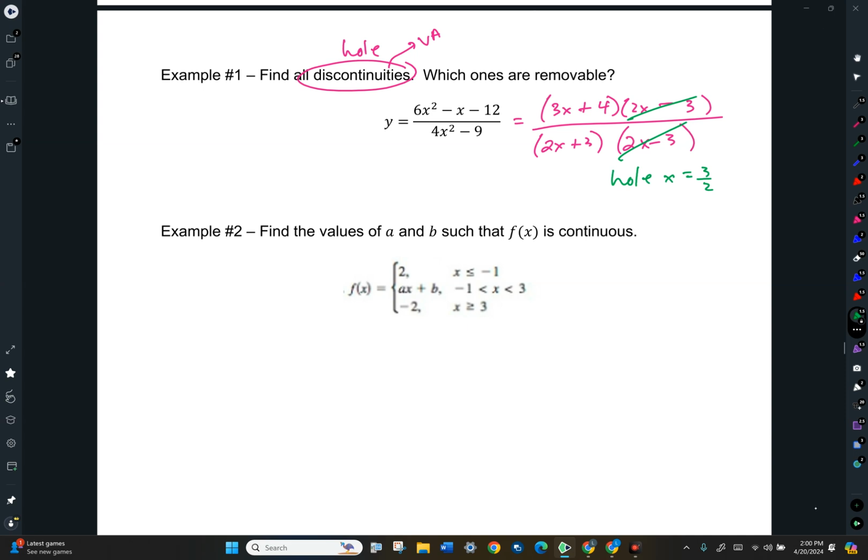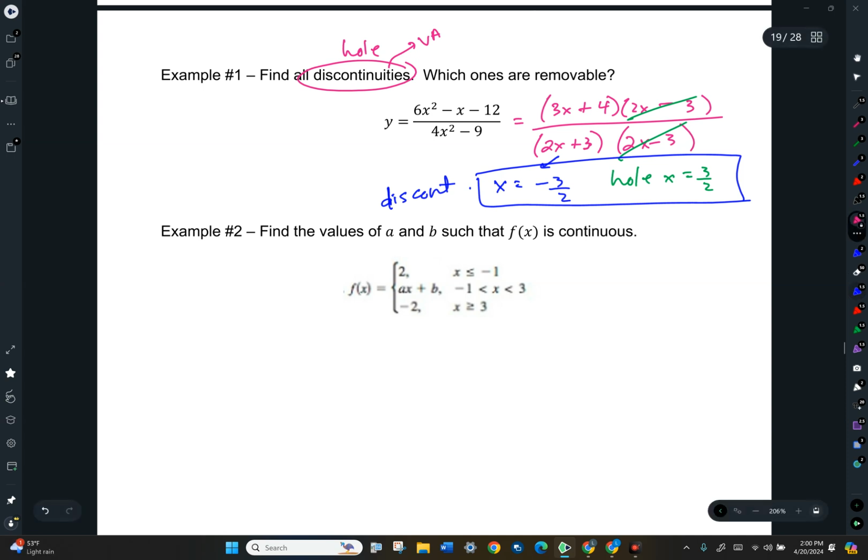Because that's what made that factor equal 0. And we know there's going to be a vertical asymptote when this other factor equals 0, so when x equals negative 3 halves. So the question was, find all discontinuities. All right, both of those are discontinuities, places where you have holes or breaks in the graph.